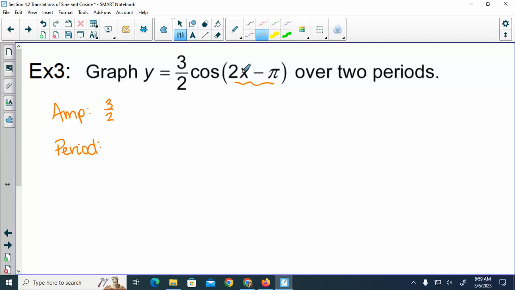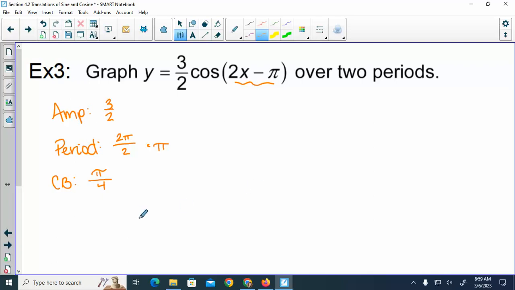Close. It's the coefficient of x. So normal period of sine and cosine is 2 pi. So we start with 2 pi. And then we divide by the number in front of x. So 2 pi over 2 is pi. Count by, we do our period and divide by 4 for the 4 quadrants.